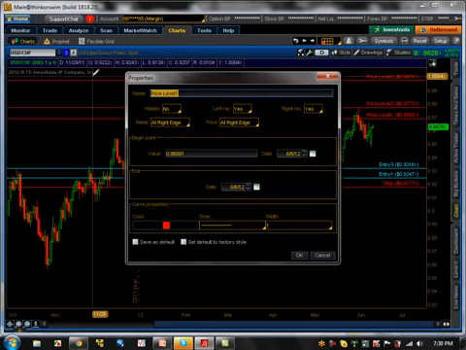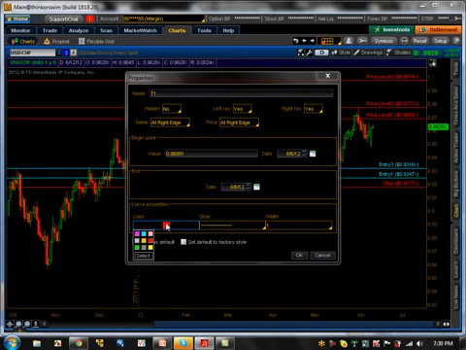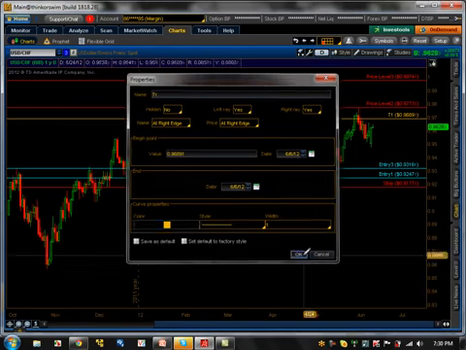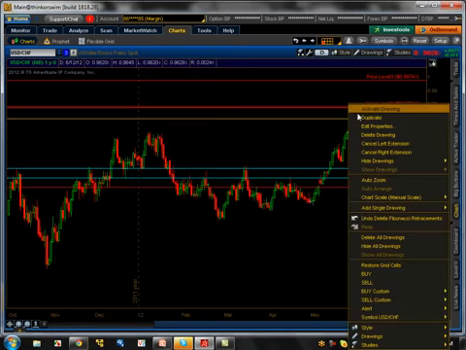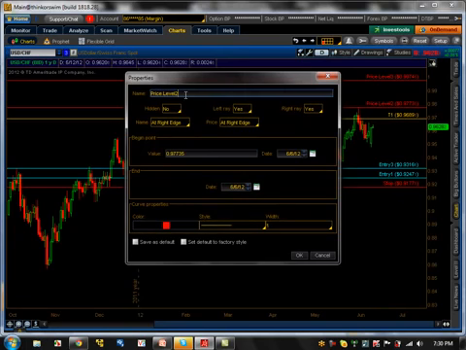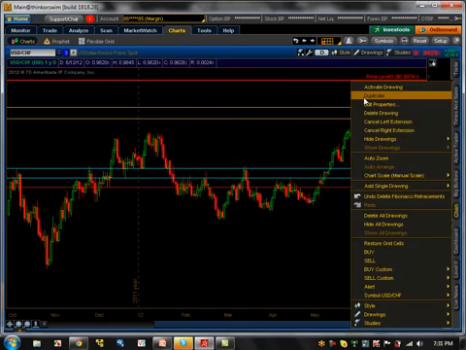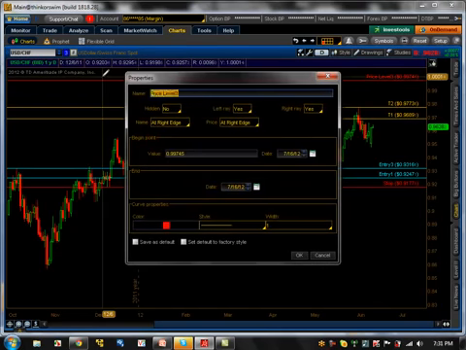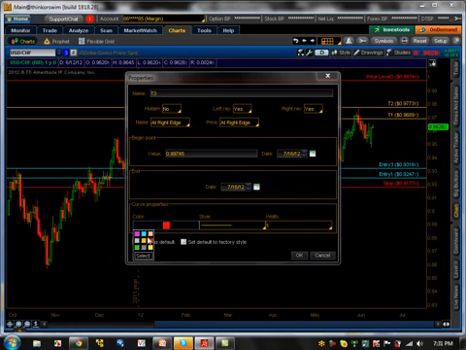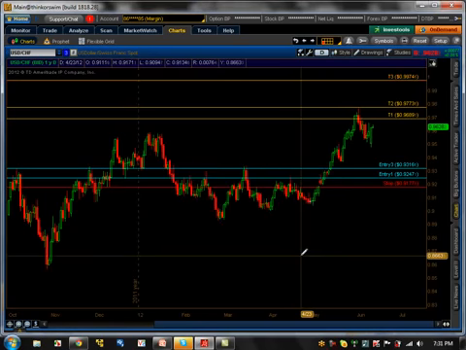So this is my first target level. Second target level. Is this a lot of work? Everyone okay with that?